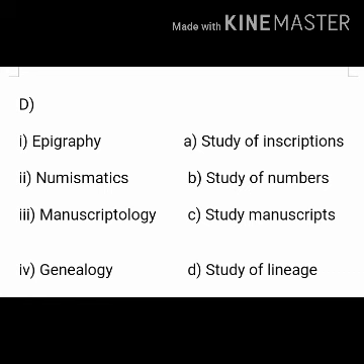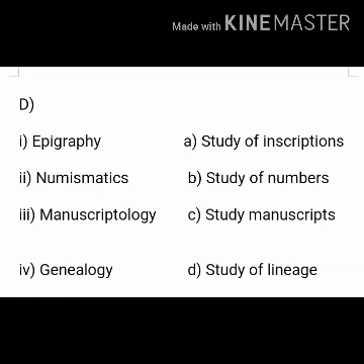Now let's read the last one. Epigraphy, that is study of inscriptions. Numismatics, that is study of numbers. Manuscriptology, that is study of manuscripts. And genealogy, that is study of lineage. So among this now, which one is the wrong pair?